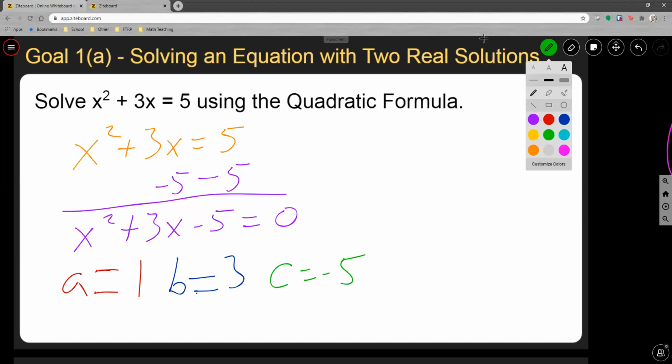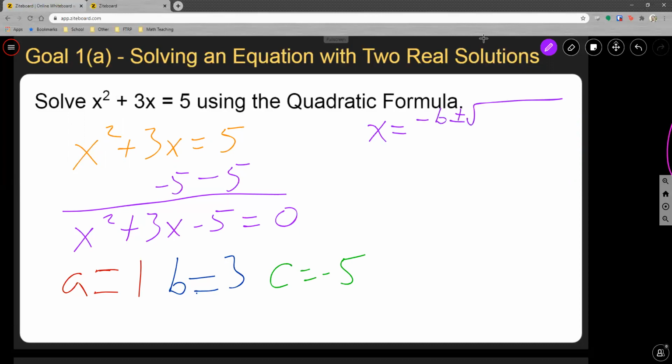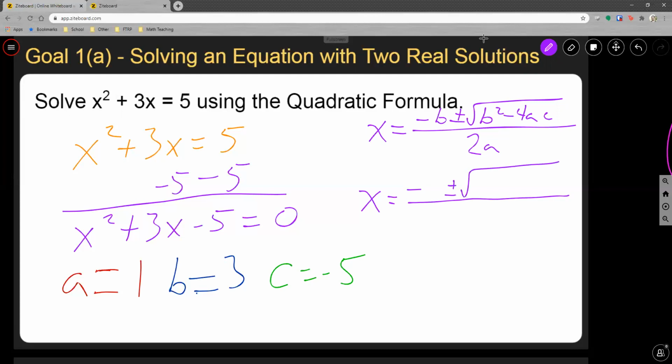Remember, I'm just going to plug it right back into the quadratic formula. The quadratic formula is x equals negative b plus or minus the square root of b squared minus 4ac all over 2 times a, not z times a, 2 times a. So let's plug in those values.